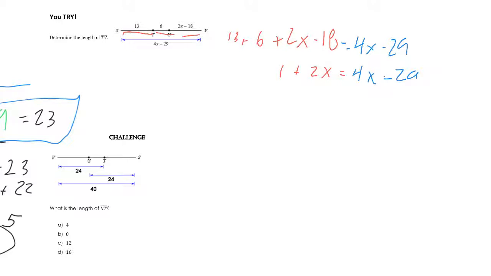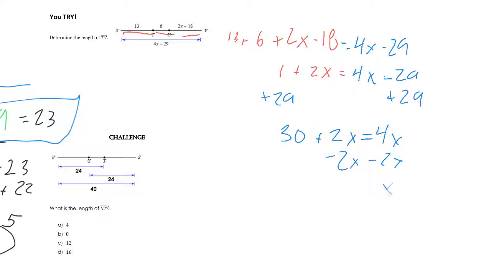I want to make things positive, so I'm going to add 29 to both sides here. So 30 plus 2x equals 4x. I want the x's on the other side, so I'm going to subtract 2x from both sides. So 2x equals 30. Divide by 2, x equals 15. So x is 15, but it says determine the length of TV.